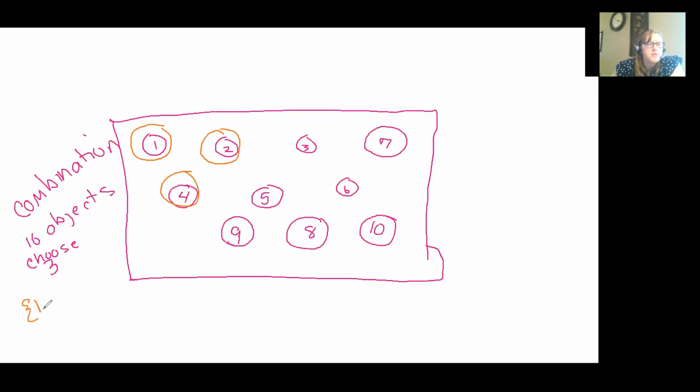So one of our combinations is 1, 2, and 4. And then combination goes back in a little bit later and says, oh, well now I want 2, 4, and 1.